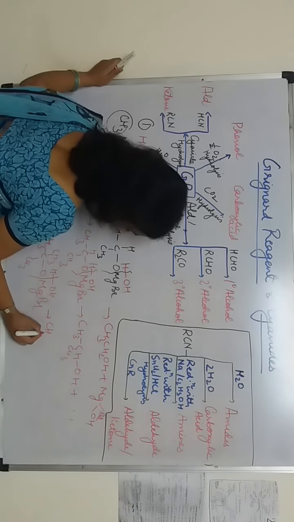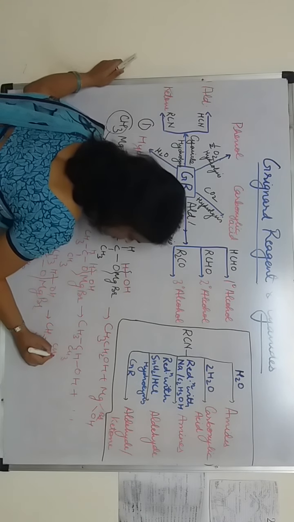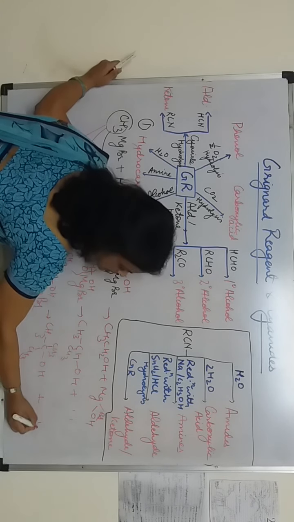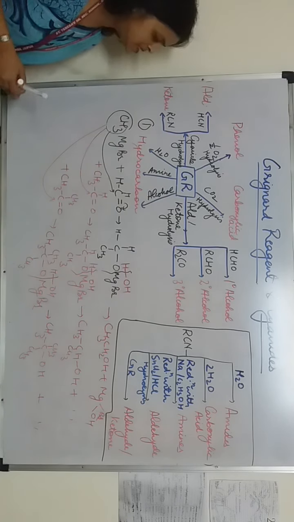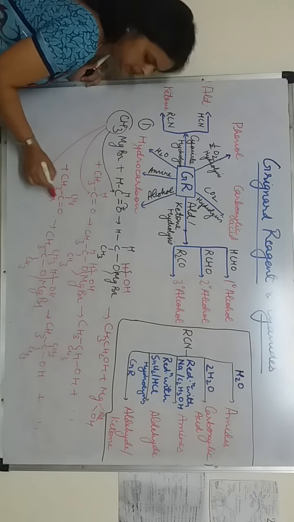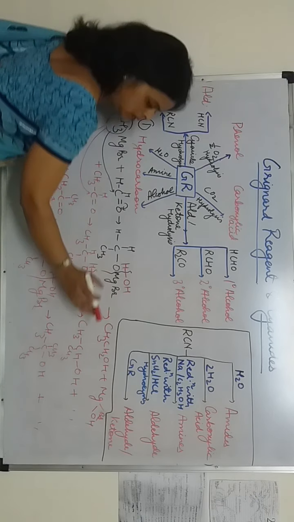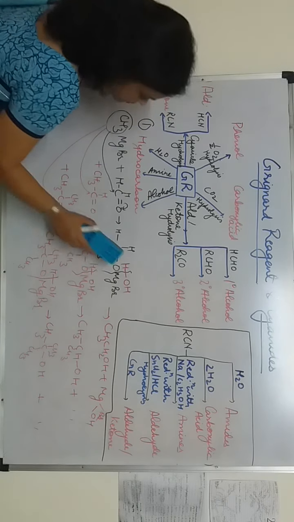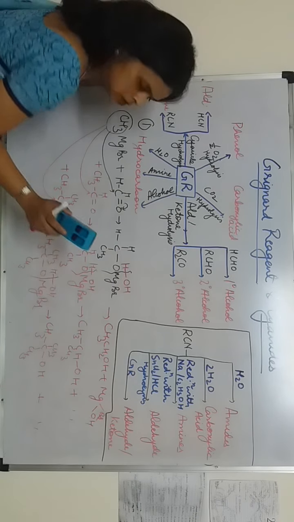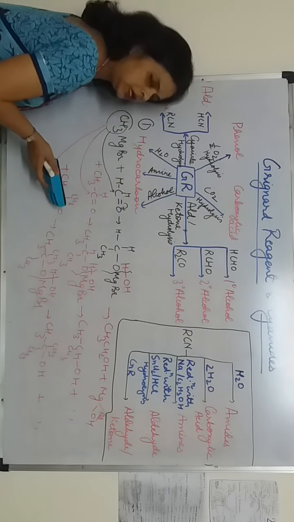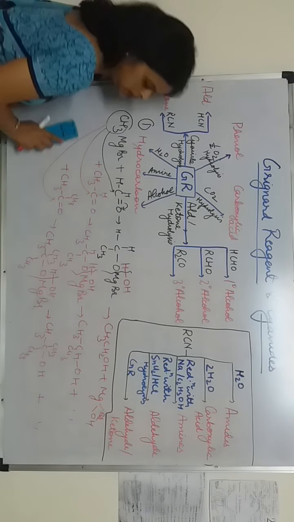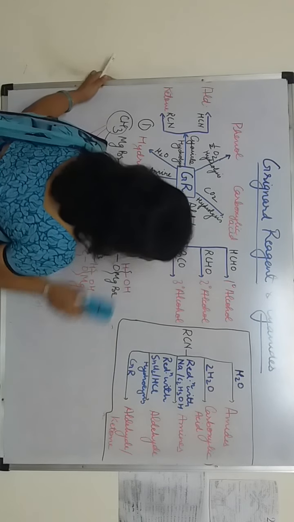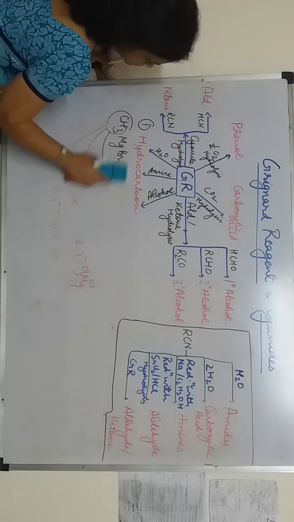Let's draw its structure: CH3, C, CH3, CH3 and OH along with the same side product. So we can say that aldehydes and ketones can be converted into alcohols. Accordingly we can convert into primary, secondary or tertiary depending on what type of aldehyde or ketone you had taken. Okay, so this is the second type of conversion using the GR.